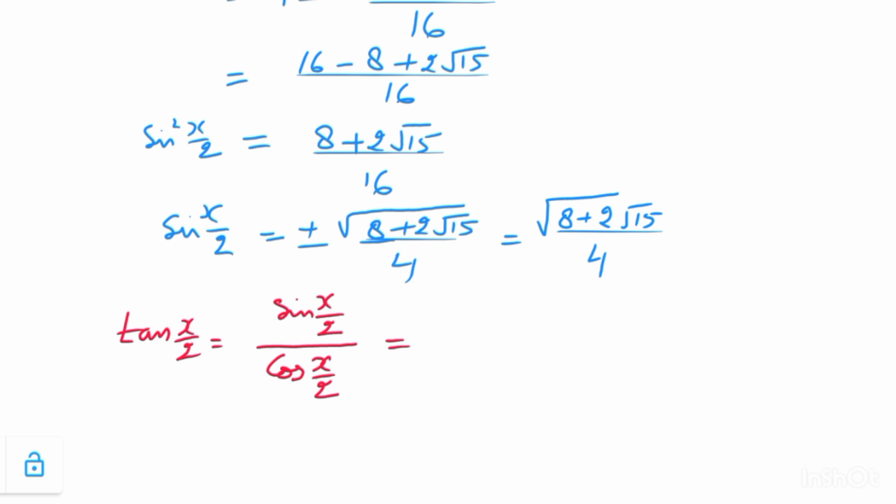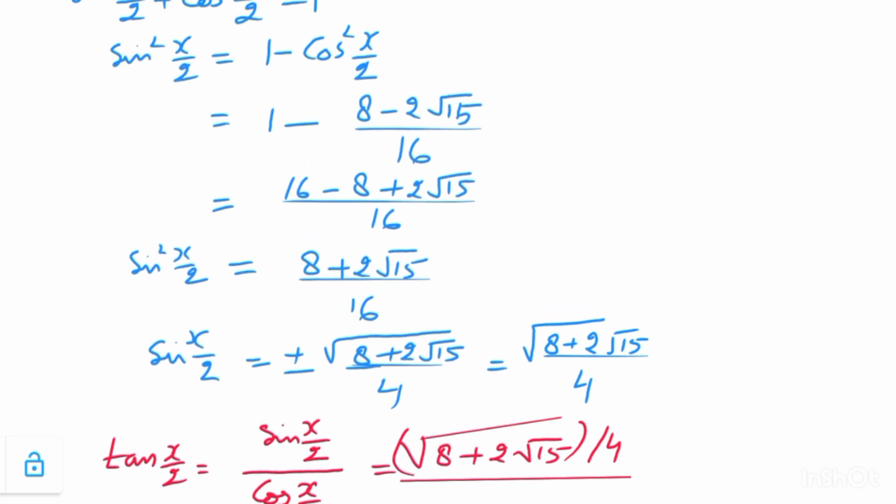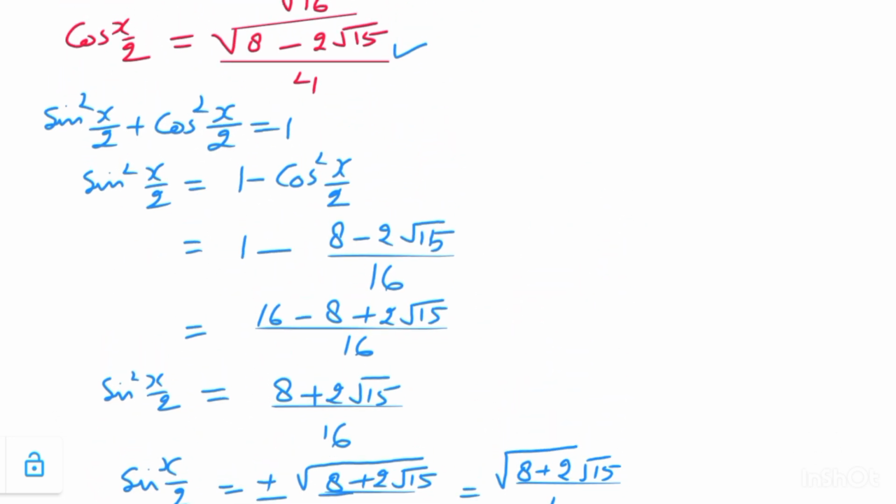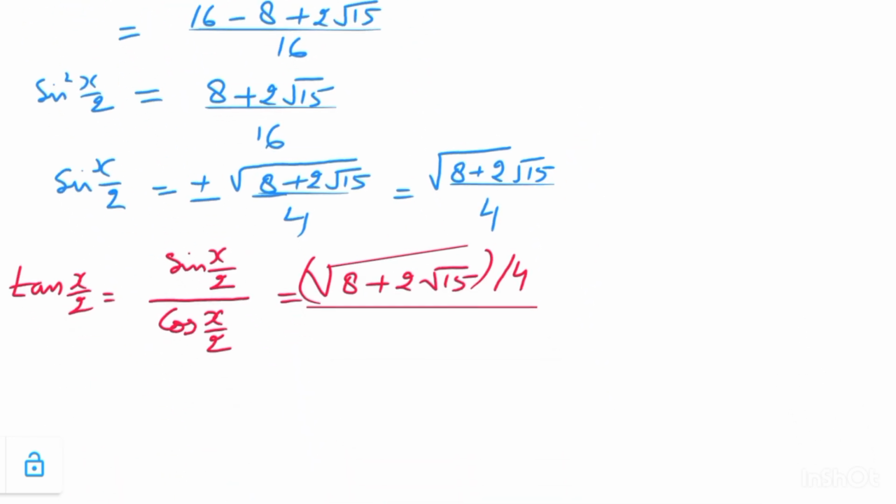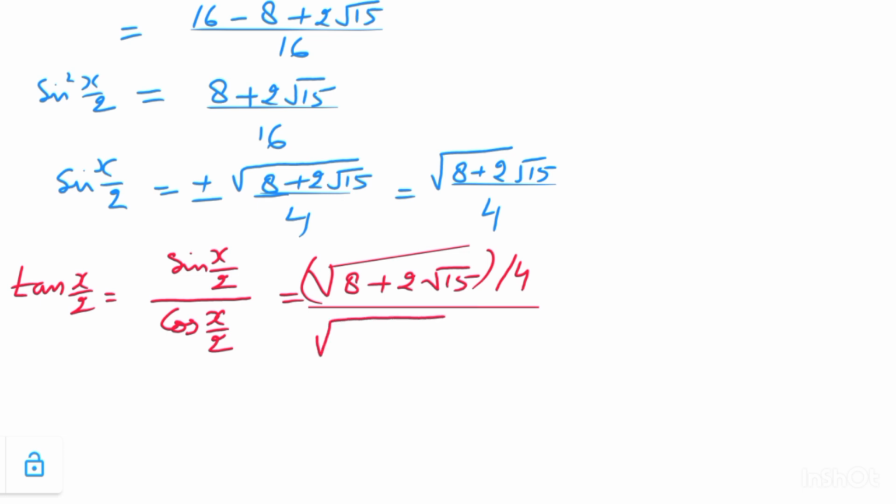So sin x by 2 is square root of 8 plus 2 root 15 divided by 4, upon cos x by 2, which was square root of 8 minus 2 root 15 divided by 4. 4 will be cancelled out with 4.